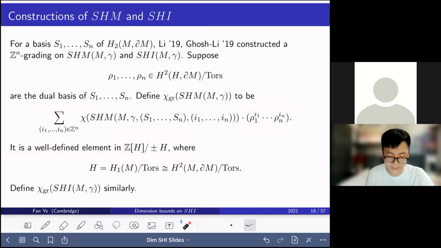Remember that H is H_1 modulo torsion, which is also H^2(M, ∂M) modulo torsion. It is well-defined up to an element in H and up to sign. We can also define chi of SHM similarly. So this is the definition of chi.